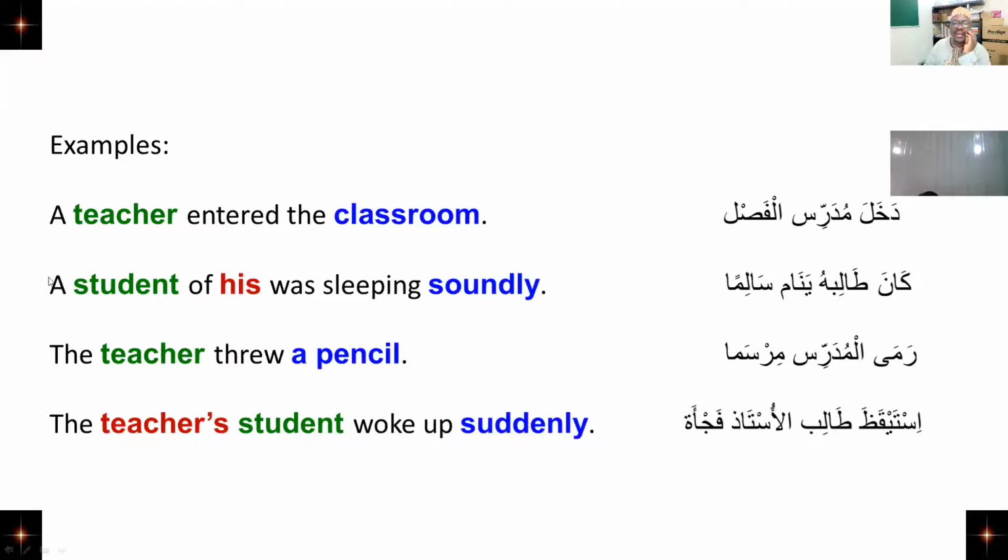Now look at it here, typically. A teacher entered the classroom. I'm sure with this expression in English, you can easily tell me who did what to what. Okay? So the teacher, or a teacher, is the one who entered the classroom. So the classroom was entered. So definitely this one is in nasb status, and this one is in rafa status, right? So when you come here, you can easily say that this mudarris will have to be mudarrisu.